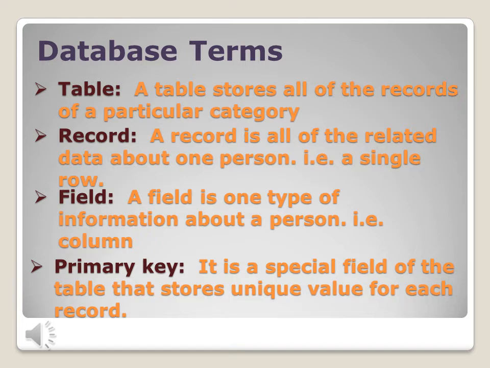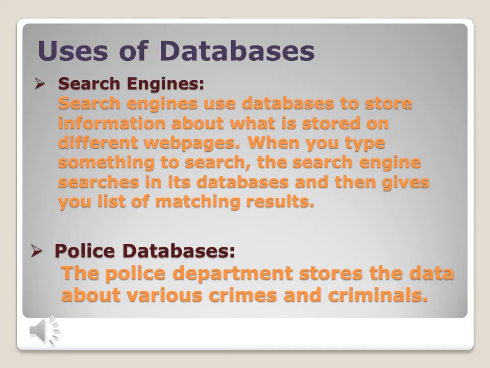It is a special field of the table that stores a unique value for each record, and it is used to uniquely identify the record. If there are multiple records and you want to identify a particular record with the help of some special field, then we can use a primary key. So it is used to uniquely identify each and every record.